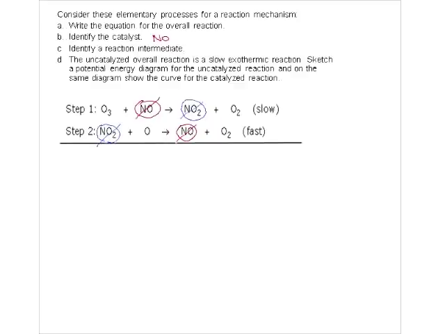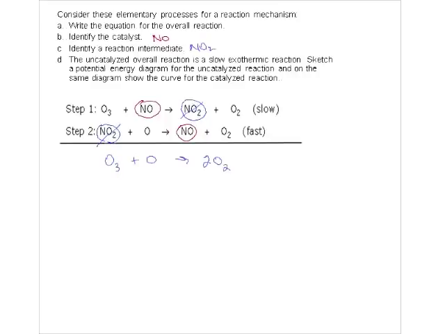So that's going to disappear. So that's going to be the intermediate, NO2. The overall reaction here is going to be O3 plus O gives me 2 O2s.